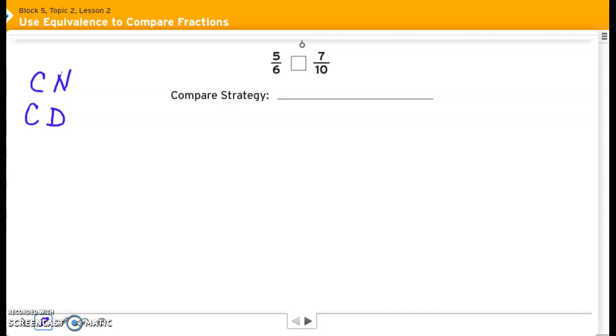We need to have a new strategy, and that is to make a fraction that is equal that does have a common denominator. So we want to make these have a common denominator using the skill of equivalence from yesterday. So from Monday, 5/6 and 7/10.